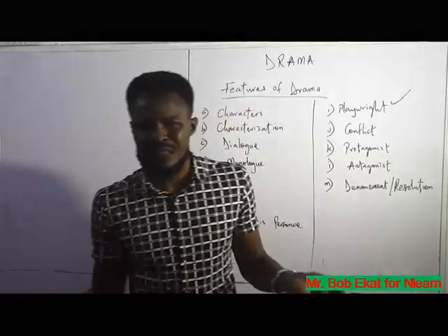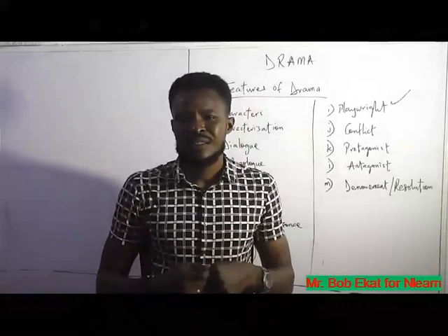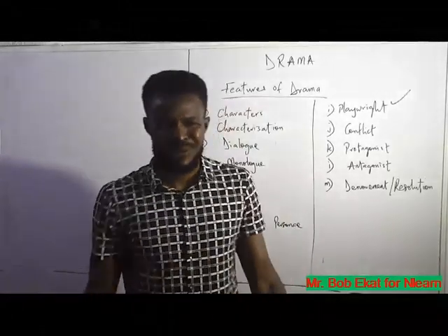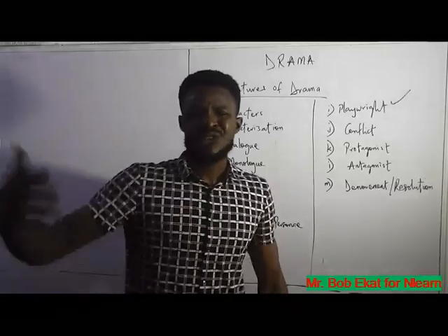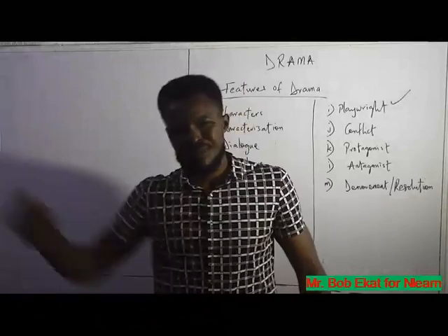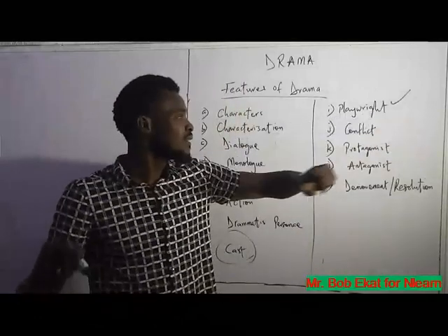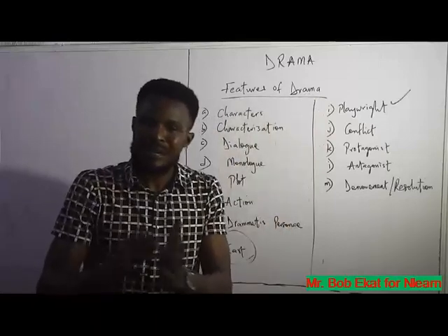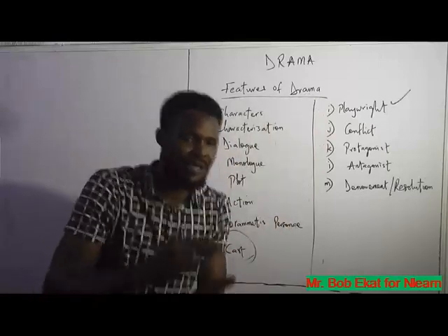I mean, Wole Soyinka's book titled The Lion and the Jewel has been directed by numerous directors, even against Soyinka's knowledge. You can wake up today and say you want to direct Soyinka's play. So the playwright is that person who has the idea, who has taken time to write out the play.